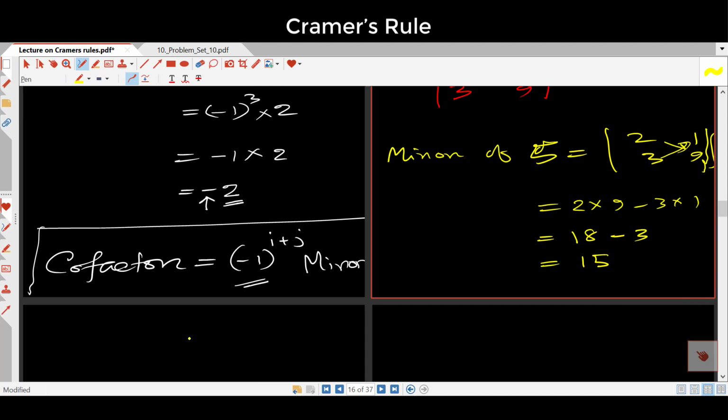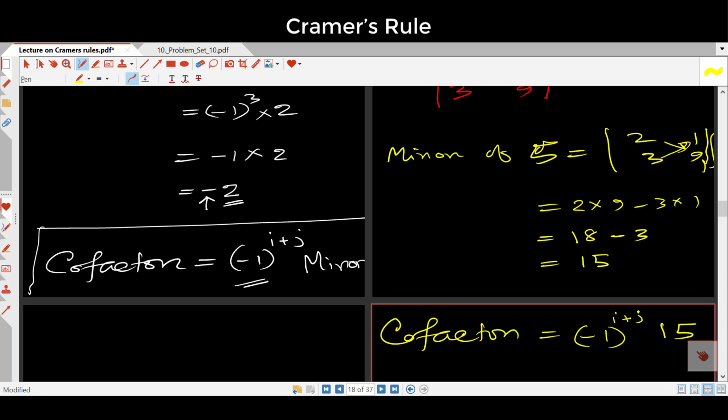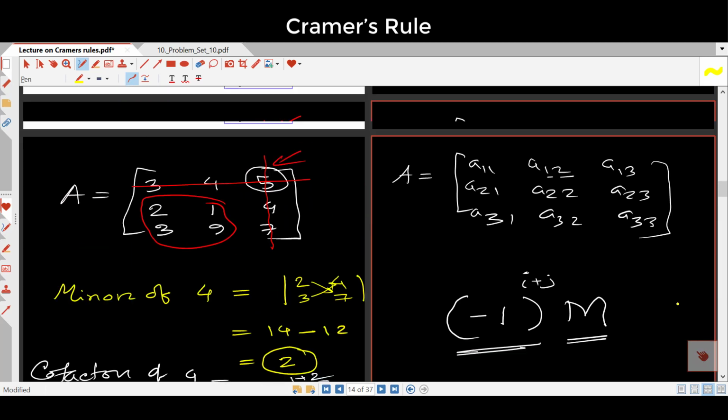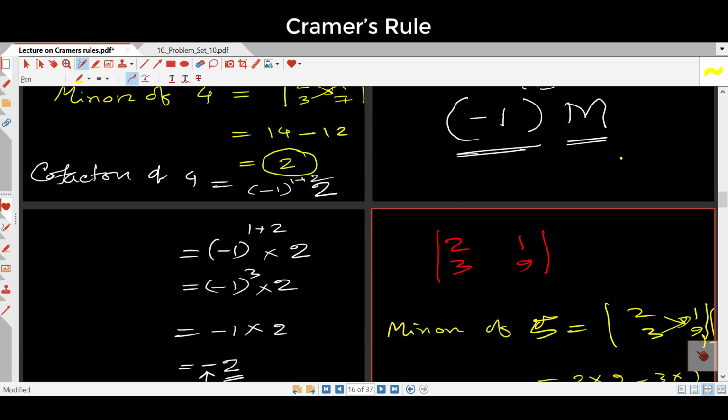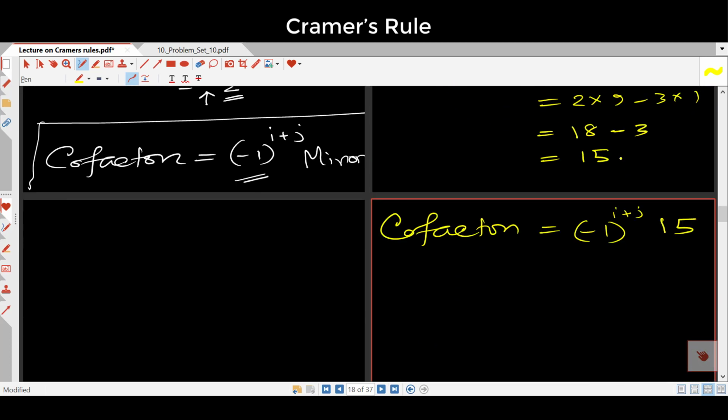Now what is the cofactor? The cofactor is the same value, but before it you have to write (-1) power i plus j. Now you have to note down the position of 5. It is at first row, third column, 1, 3. So write it this way: (-1) power 1 plus 3 times 15.